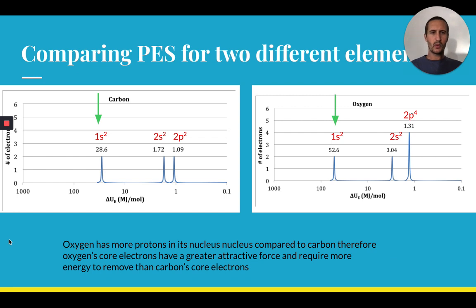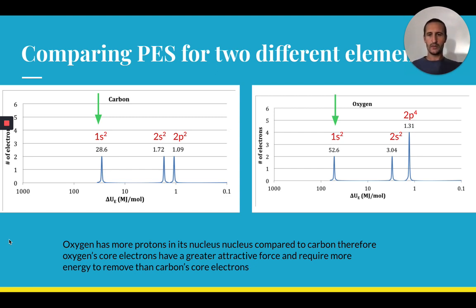Another thing that's worth pointing out is the attractive force from the nucleus. And so here are 2 elements, carbon and oxygen. Carbon has 6 protons, whereas oxygen has 8 protons in its nucleus.